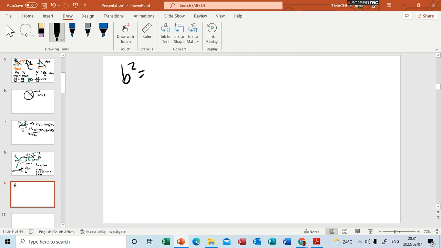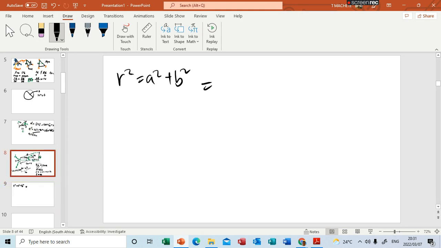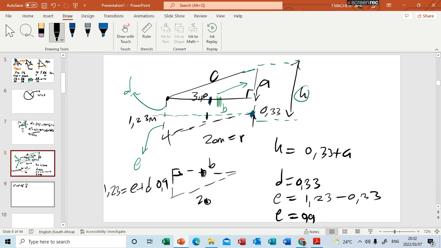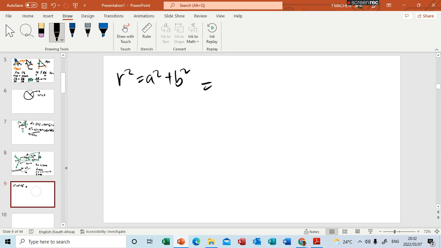Normally the Pythagoras theorem says R squared is equal to A squared plus B squared. Your R is 20, so you're going to have to subtract.